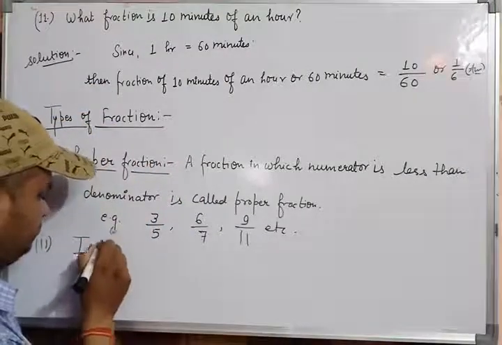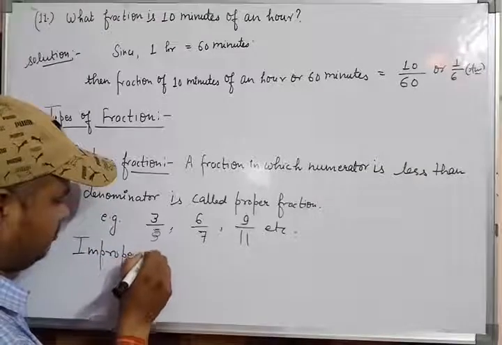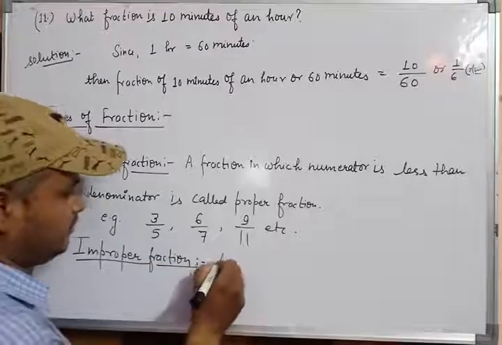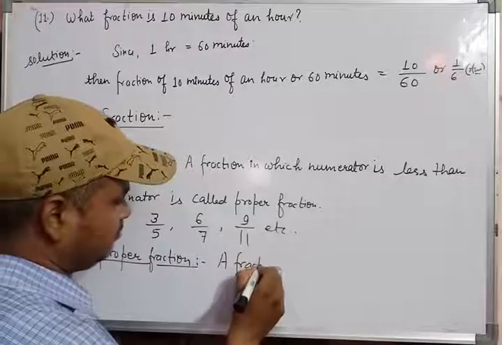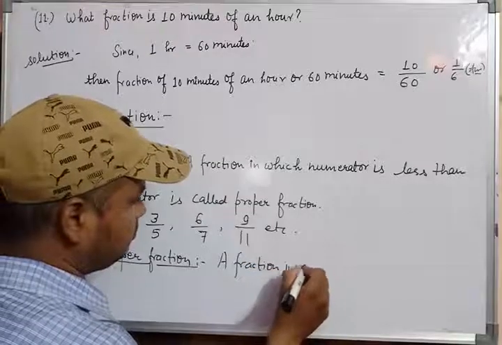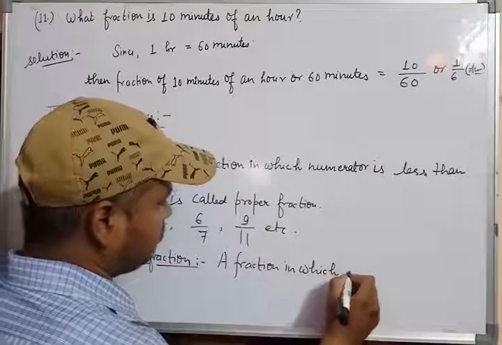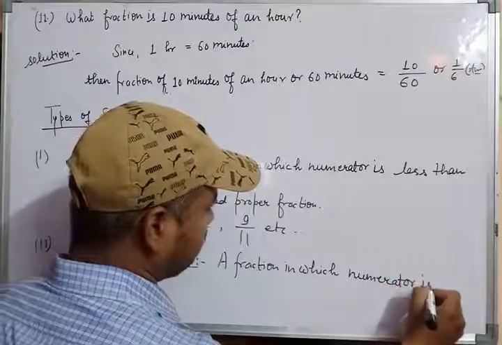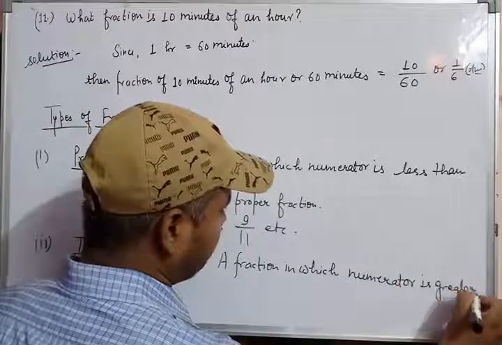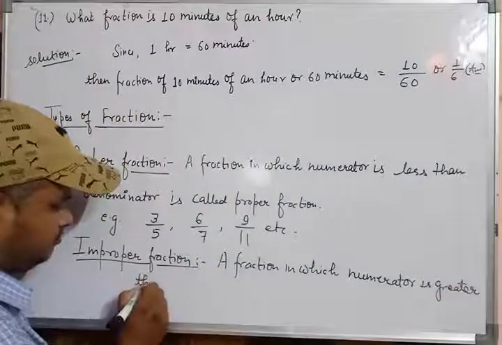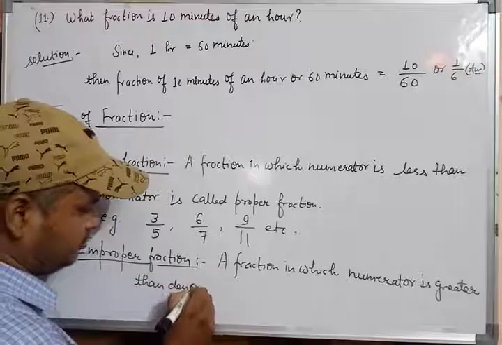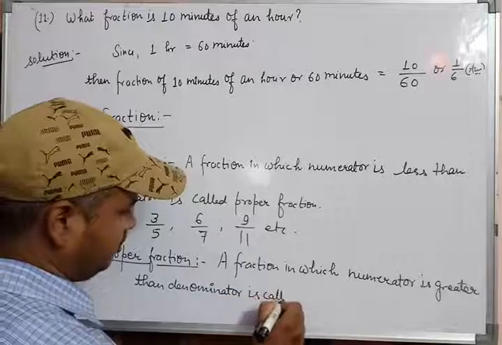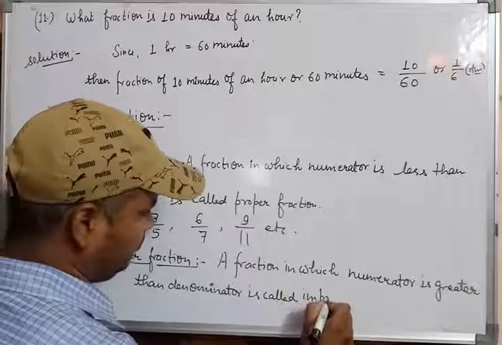So we can write, improper fraction is a fraction in which numerator is greater than denominator is called improper fraction.